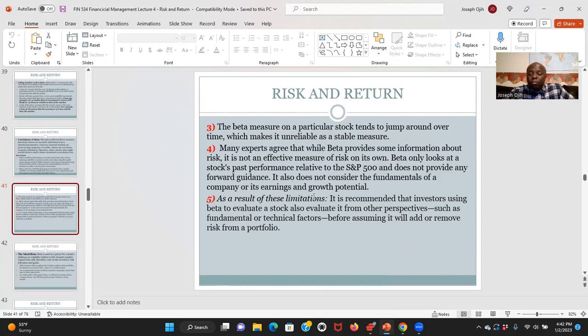Now, many finance experts believe that beta is good. It provides information about the risk of a stock or a portfolio. You can also use it to measure risk, but it is not necessarily an effective measure of risk on its own.